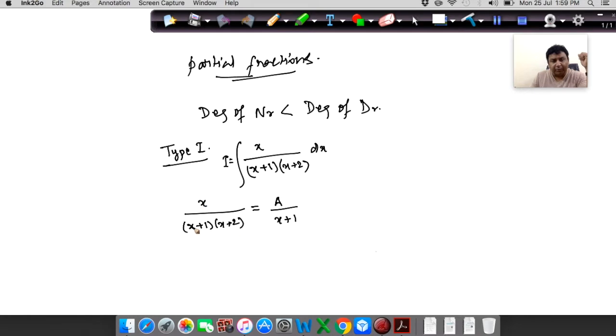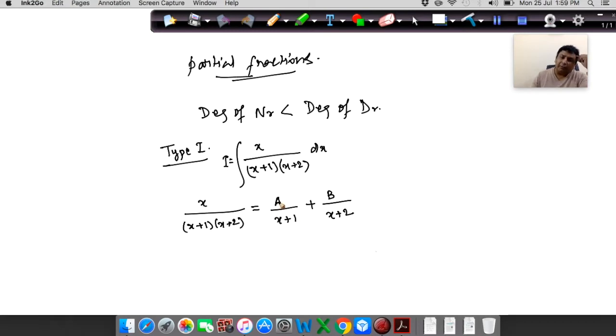And the degree of the denominator is more than the degree of numerator. Numerator is less. So you can split it as a upon x plus 1, b upon x plus 2. If there are more quantities, then c upon x plus 3, d upon whatever. As many factors, that many arbitrary constants will be coming here.